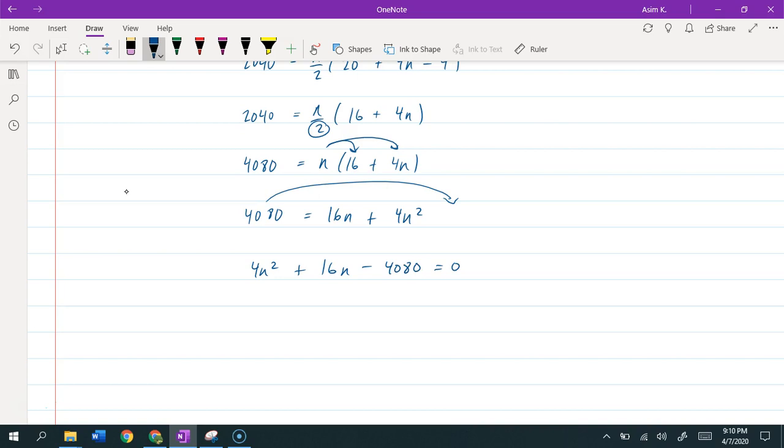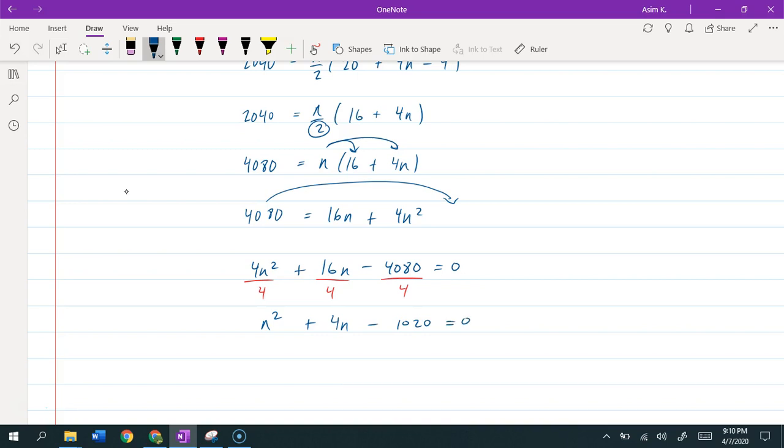equal to 0. Now before we start solving this, I would recommend that you divide everything by 4, because all of these are divisible by 4, and if you can do that, it's going to help you in finding those two factors. Otherwise, use the quadratic formula, all right?